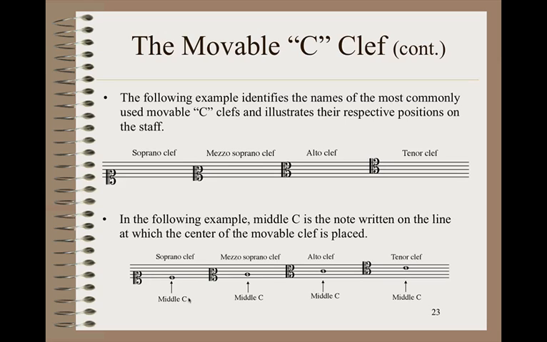That's where middle C is. Over here, the mezzo-soprano clef has the two half circles joined together on the second line. Again, that's middle C right there. In the alto clef, it's on the third line. And on the tenor clef, it's on the fourth line.